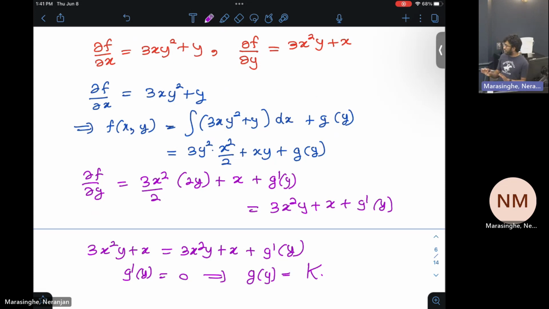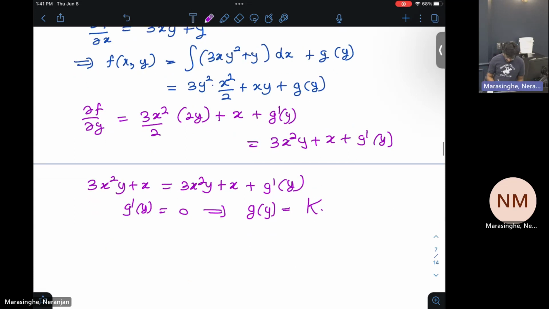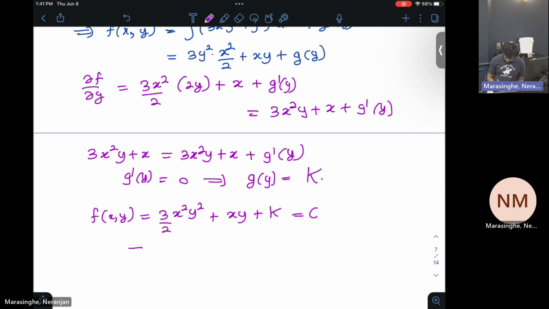Right. Now I know the function g, so I can write down my final solution. So f of x, y is equal to 3 times x square y square divided by 2 plus xy plus k is equal to c. k is also a constant, so I would get 3 divided by 2 x square y square plus xy is equal to c naught, right?